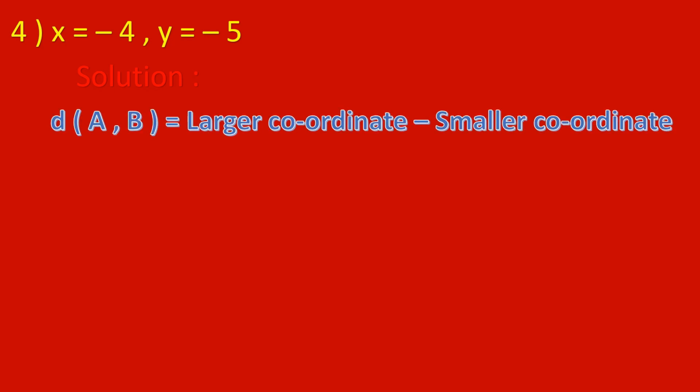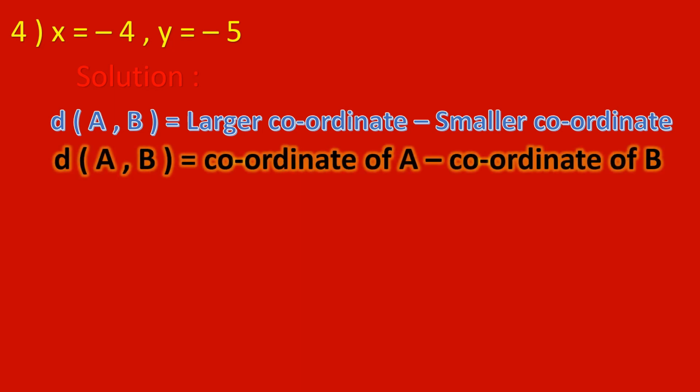Fourth question is x equal to minus 4, y equal to minus 1. Here, x is greater than y. So, coordinate of A minus coordinate of B will come. Coordinate of A is x and coordinate of B is y.